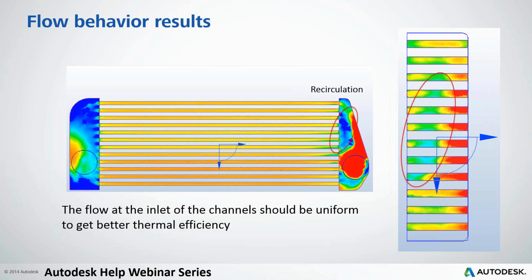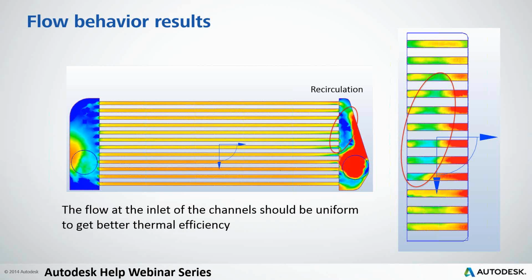So as you can see here, that's the flow that goes into the heat exchanger, our channels. It is not uniform. You can see for some channels there is more flow going in than for other channels.